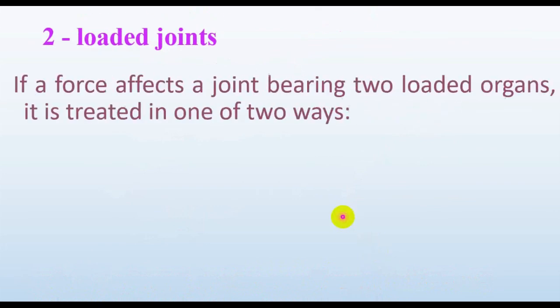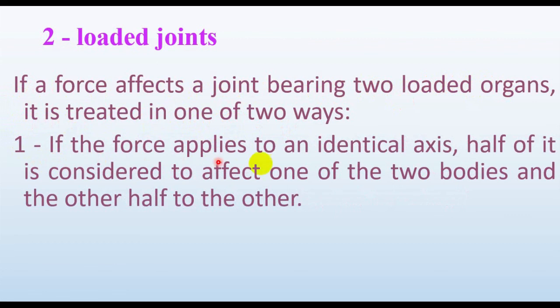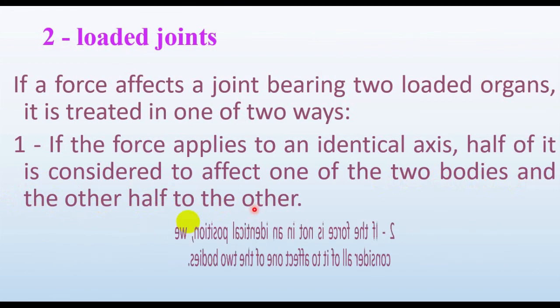The loaded joint needs some thought. If a force affects a joint bearing two load organs, it is treated in one of two ways. If the effects are applied on the identical axis, half of it is considered to affect one of the two bodies and the other half to affect the other.